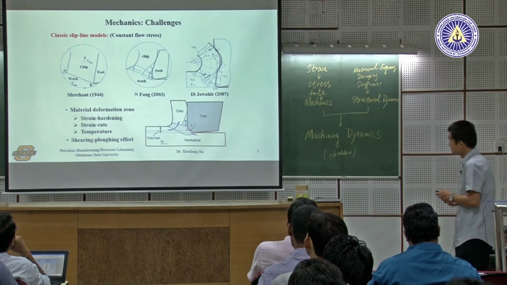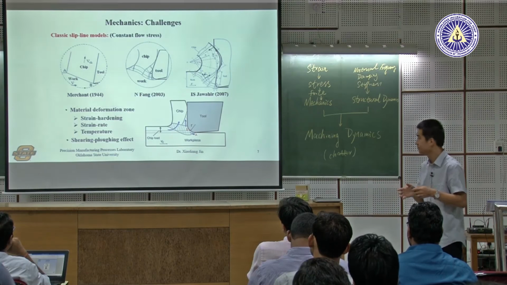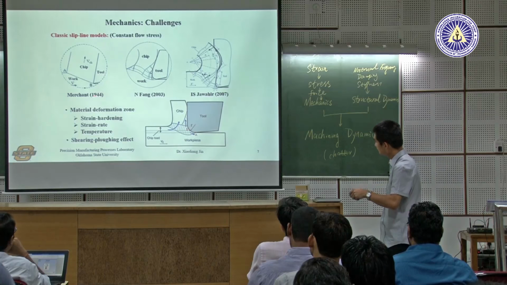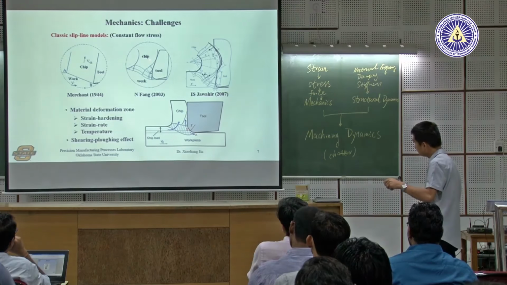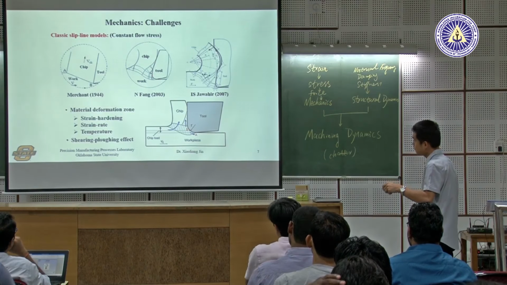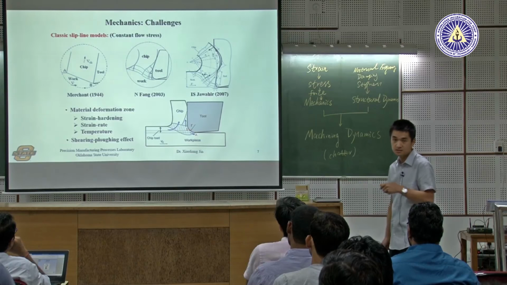Basically, the slip line is based on classic plasticity. Actually, the Merchant law, which assumes one line of shear plane, is a very special case of the slip line. But there are several previous works in a similar field, and if we consider the edge radius, we know that the material deformation zone becomes a region instead of a plane, right?